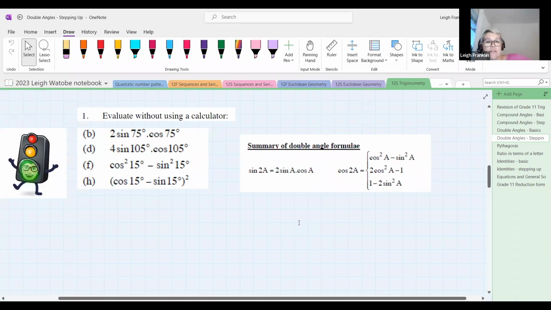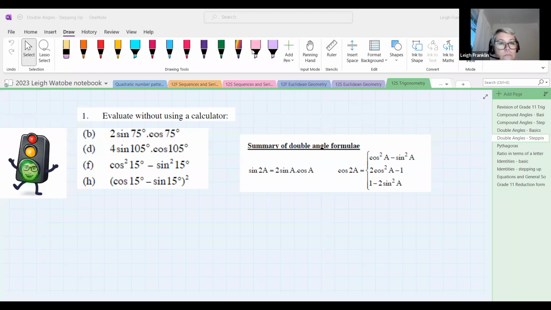Okay, so Zandile's done, Lorato's done. Mercedes done.